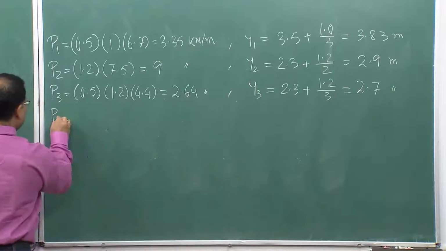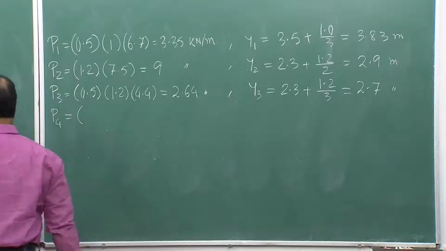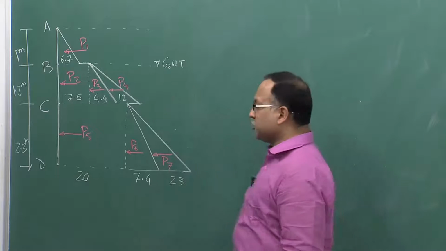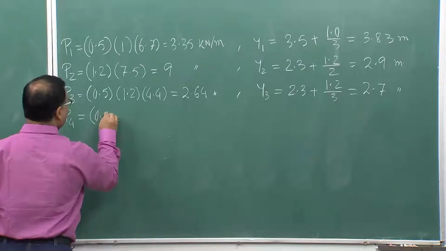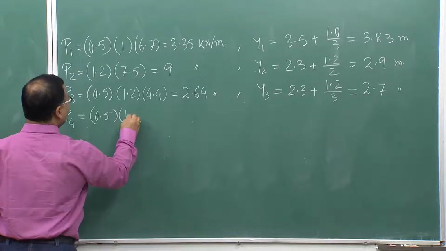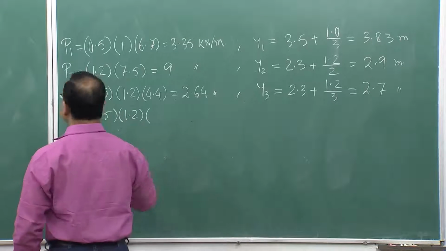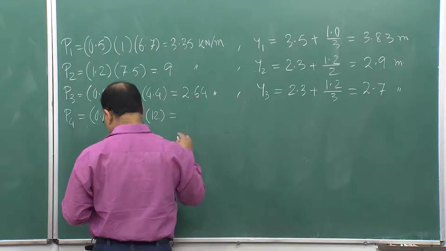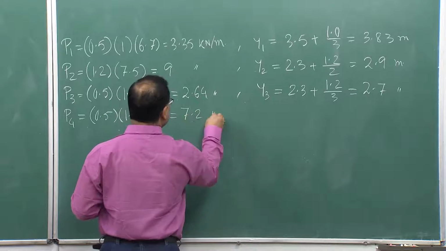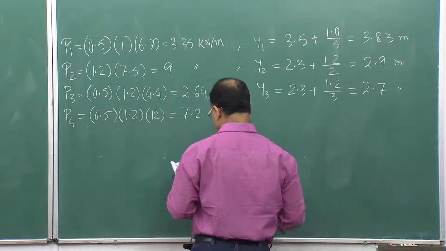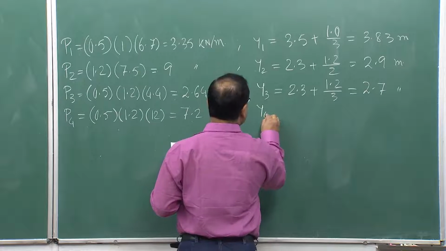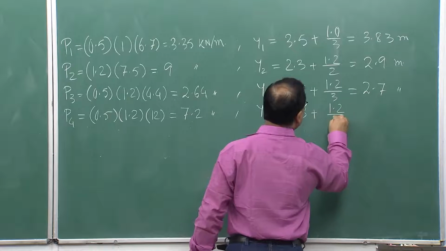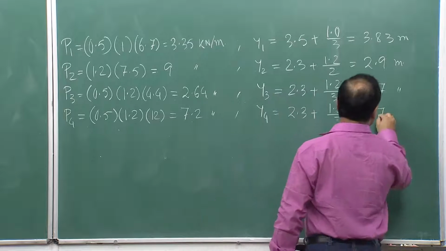Similarly, I can calculate P4. P4 is due to the water, again a triangular distribution. So, I can write 0.5 into 1.2 into base 12, that gives me 7.2 kilonewton per meter run, and Y4 is the same, 2.3 plus 1.2 by 3, equal to 2.7 meter.